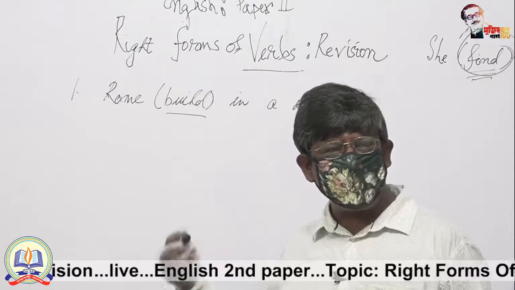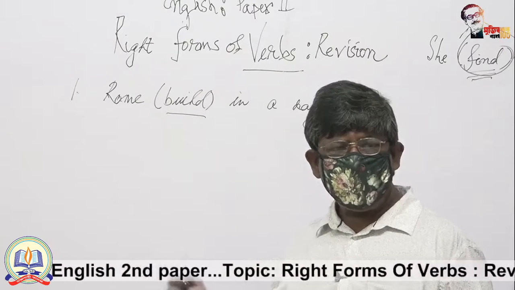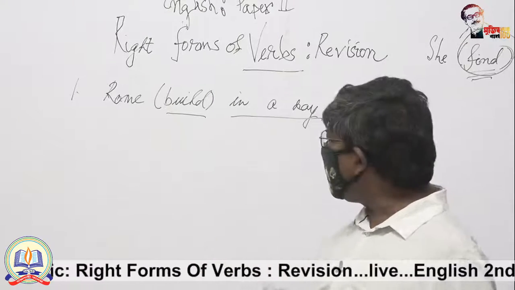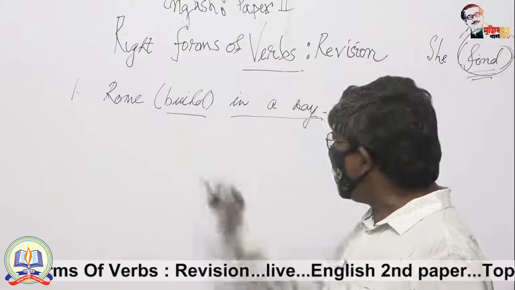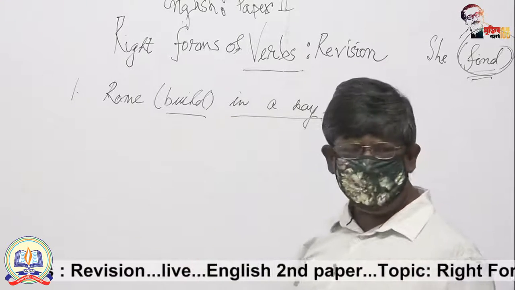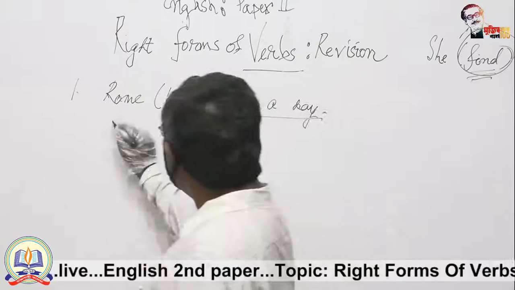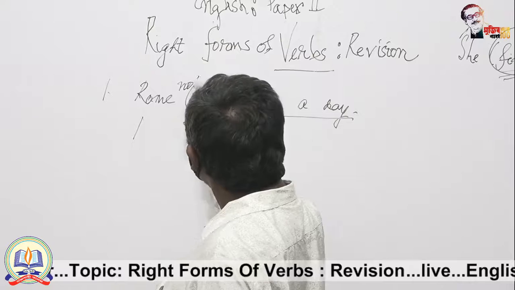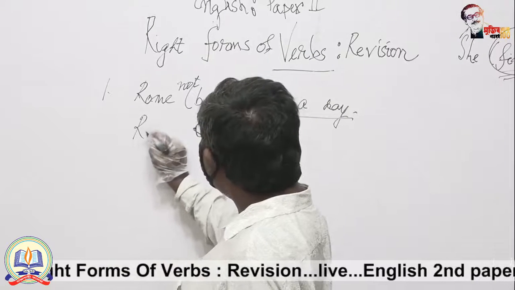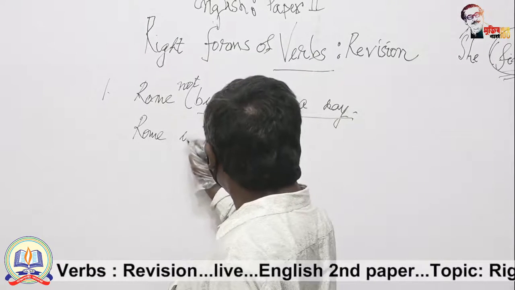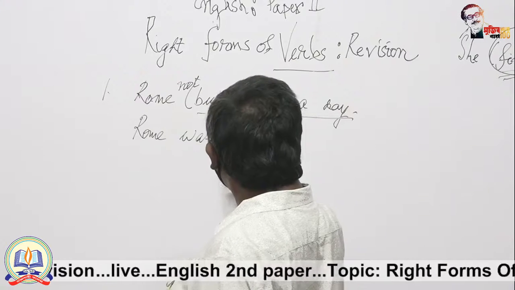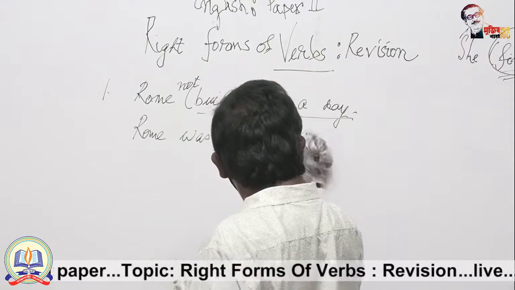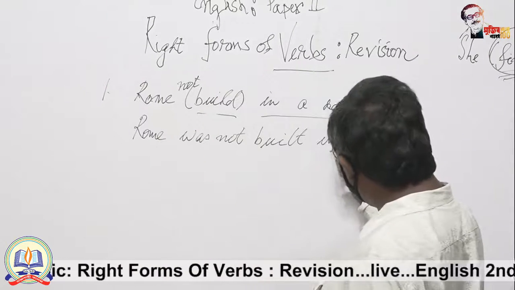What one builds. But we have an adverbial of time after build. So we should write the verb build in the passive form. Rome was not built in a day.